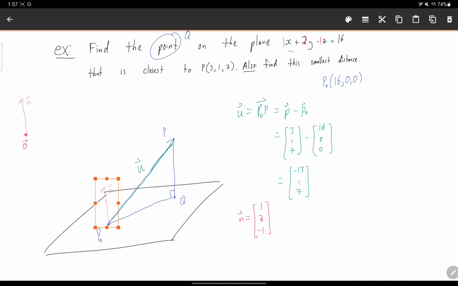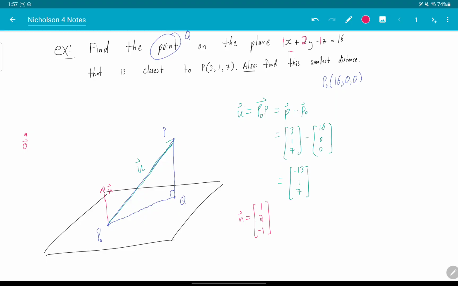So I'm going to grab it, move it over, and put it so its base is at P naught. Now what's the point of all this? Well, if I'm interested in this side length here, I can find it by projecting green onto red.